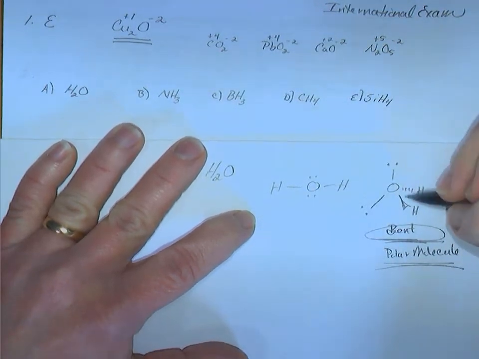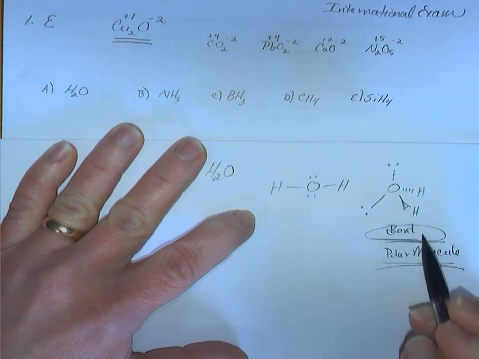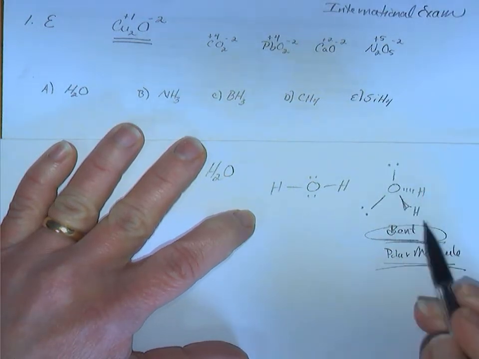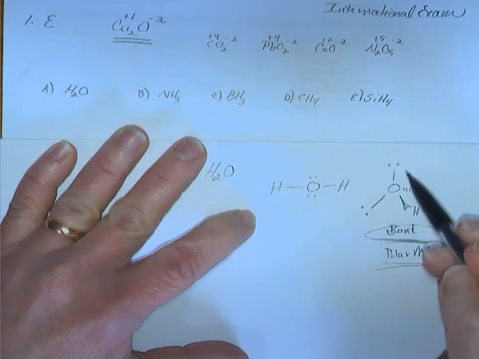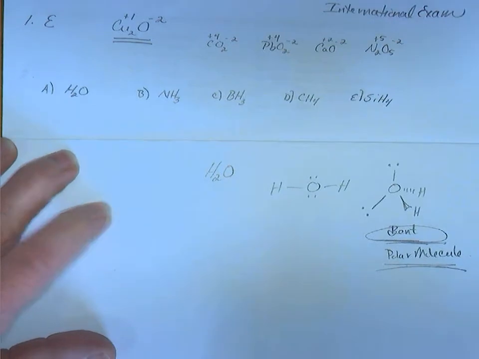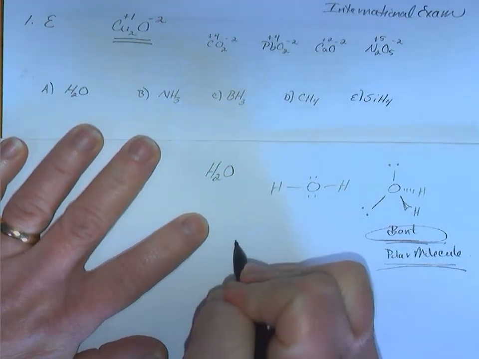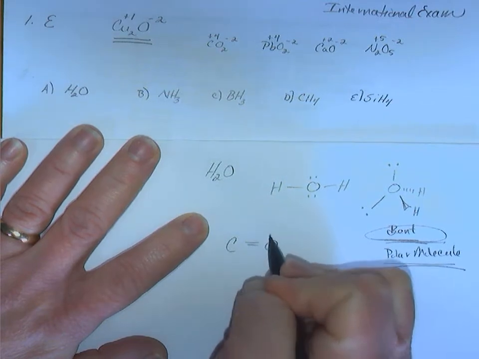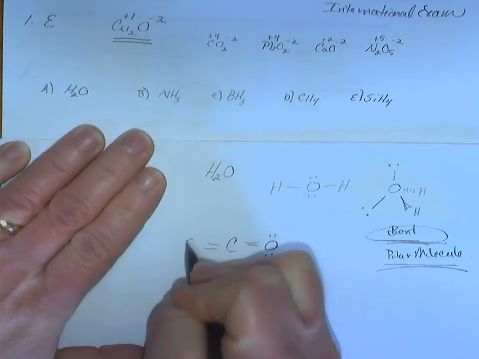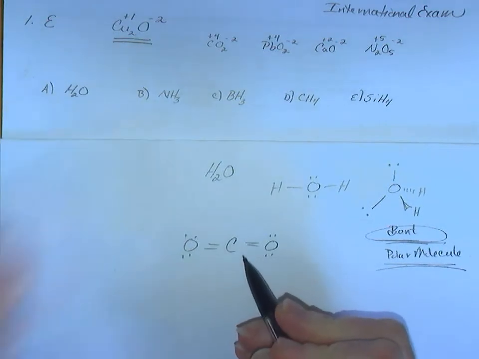Now these are polar bonds because of the electronegativity difference of hydrogen to oxygen, but overall because of the 2 lone pairs and the geometry, it makes it a polar molecule. The other go-to, which is not a choice here, would be carbon dioxide. Carbon dioxide is a go-to example of a non-polar molecule that shows multiple bonding.